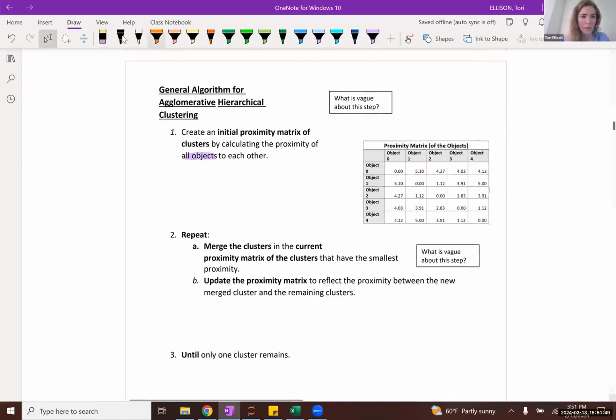Remember, each observation starts out as its own singleton cluster, so the observations are in fact the clusters. What's vague about this step? What follow-up questions might you have for me?